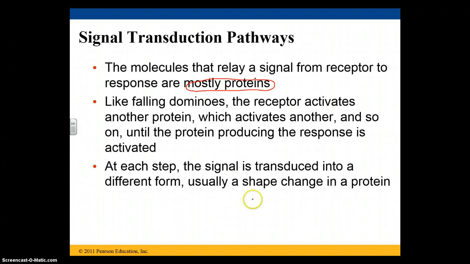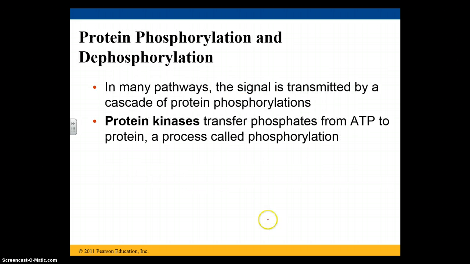So at each step, the signal is what we call transduced into a different form, and this is usually a change in the shape of a protein. In a lot of pathways, the signal is transmitted by a cascade of protein phosphorylations. We have this group of proteins called protein kinases, and they transfer phosphates from ATP to proteins, which is again a form of phosphorylation.